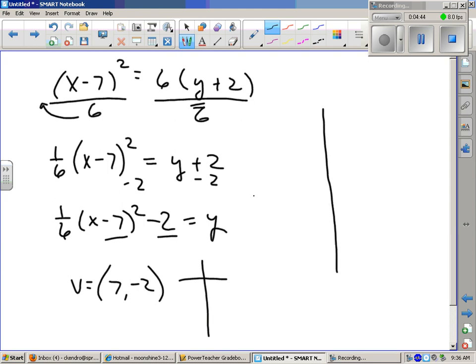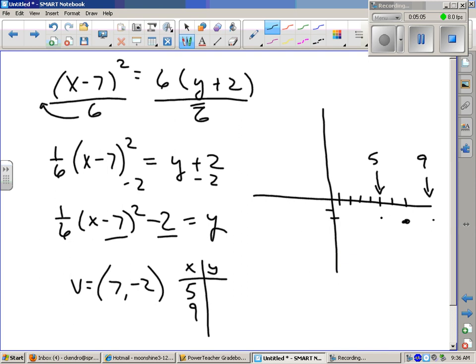So if I go over 1, 2, 3, 4, 5, 6, 7, down 2, so there's the vertex. I want to pick points on either side. So maybe I want to pick 5, and then if that's 7, this is going to be 9. So those are the ones I want to pick here to keep it all symmetric.